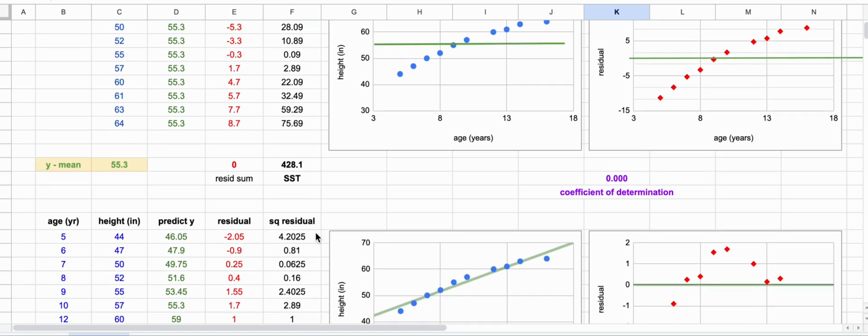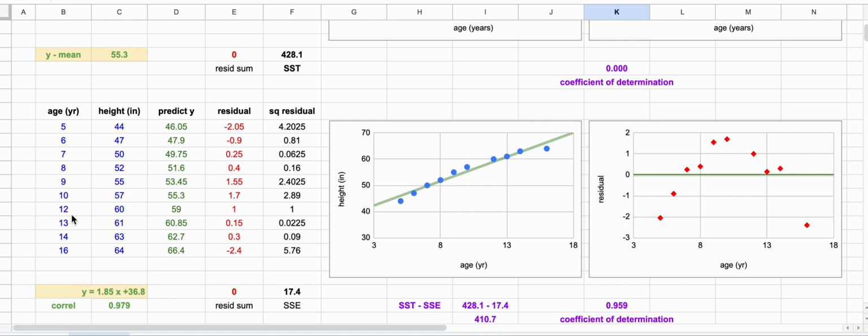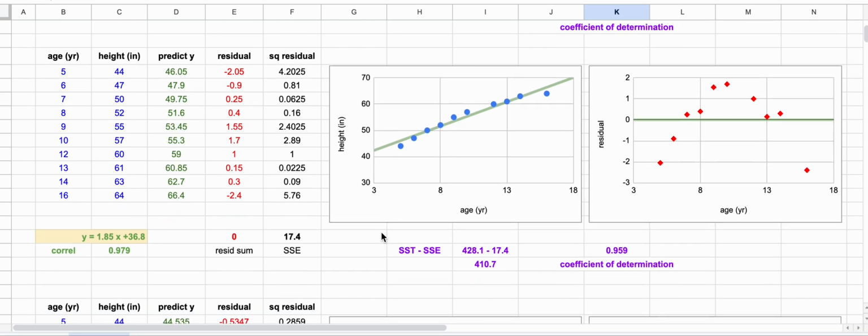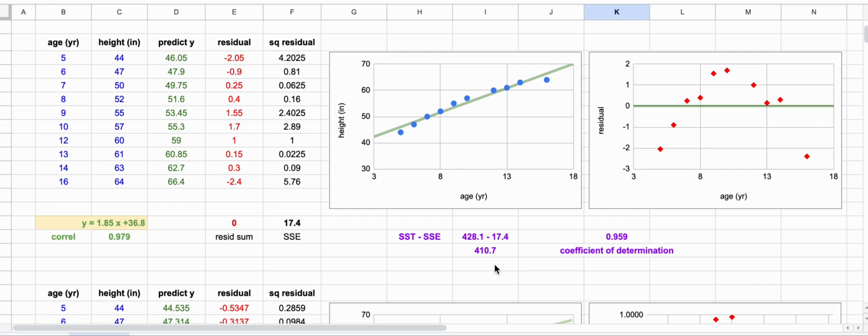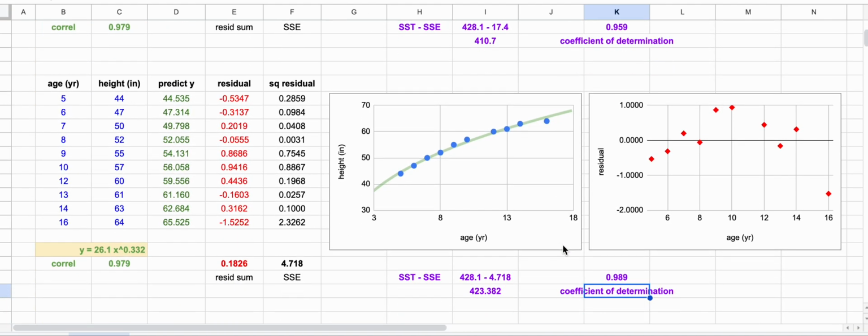And then start to say, well, let's use age as a predictor here. Let's not ignore it. Let's use the age to predict the height. And so we have a linear model here, which does a great job of accounting for a lot of the variation. Then when I went to a curved model, I was able to explain even more of the variation.